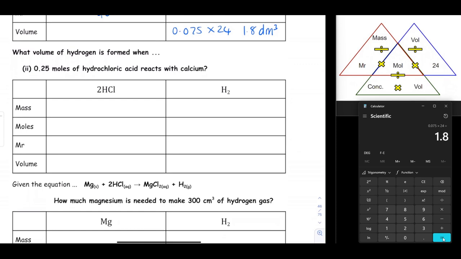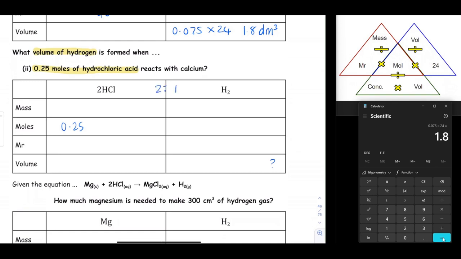What volume of hydrogen is formed? So I'm looking at the volume of hydrogen when 0.25 moles of hydrochloric acid reacts. Again, I say I've got 0.25 moles. I put in what the question already tells me, and I'm looking to calculate the volume of hydrogen. So I'm just going to use my magic triangles. If I have 0.25 moles of hydrochloric acid, then I've got a 2-to-1 ratio.